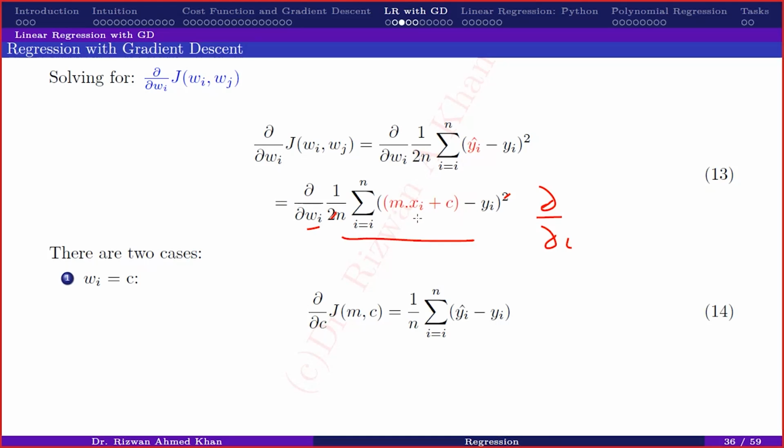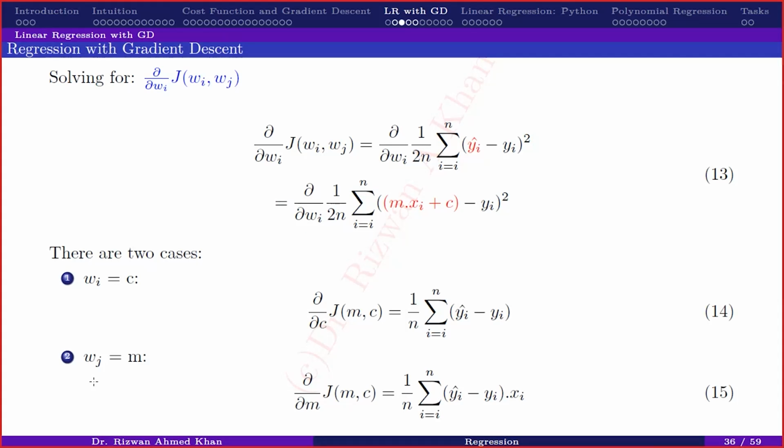This function remains the same because this is the initial step, and then you differentiate the inner side with respect to c, making others constant, and the differentiation of c with respect to c would be equal to 1. So there would be no change, and I've just written back the same thing, where y hat is mx_i + c. Once you differentiate with respect to c, we will get this function.